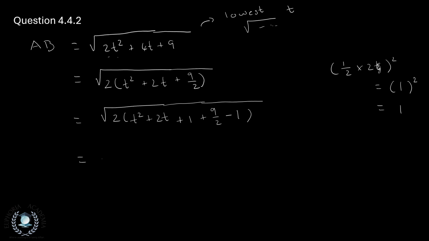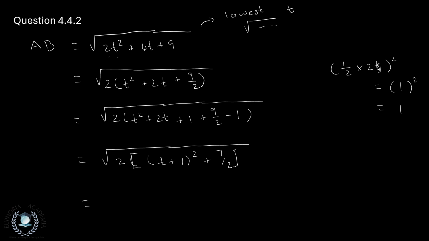When we factorize, we're going to end up with t plus 1, all of that squared, and then 9 over 2 minus 1 is going to give us plus 7 over 2, and that is inside the big brackets.